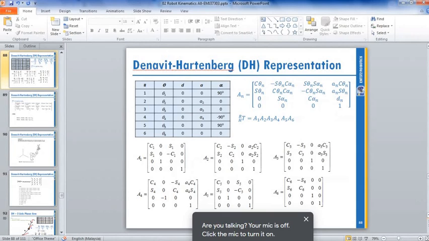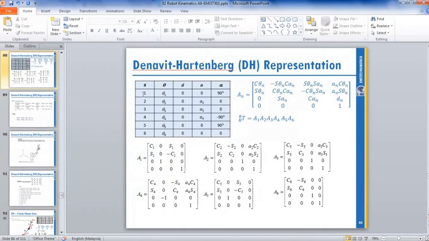Now you have a complete DH parameter table. After you have a complete DH parameter table, you need to multiply each of the rows. If you have a rotation on Z, you need to multiply the Z rotation matrix and the X rotation matrix. After multiplying both matrices, you get this answer, A1.